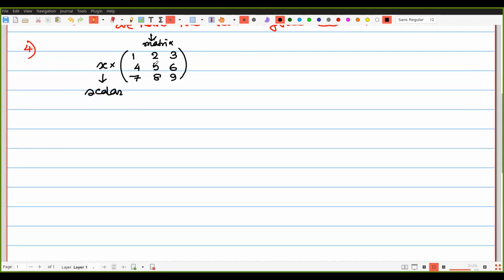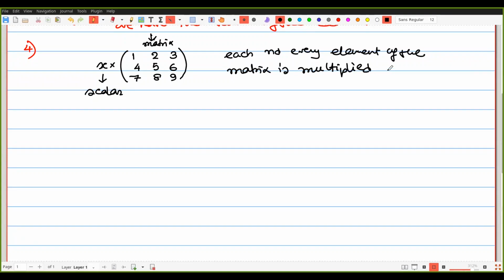What happens when we multiply any scalar with the matrix? Each and every element of the matrix is multiplied by the scalar.